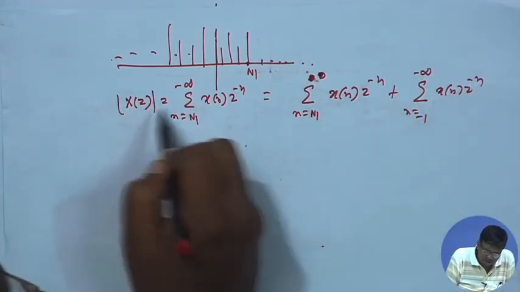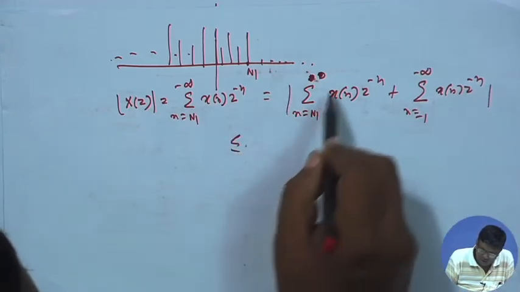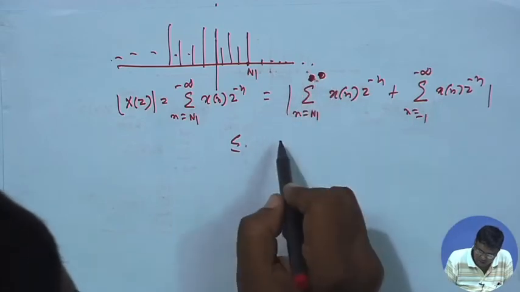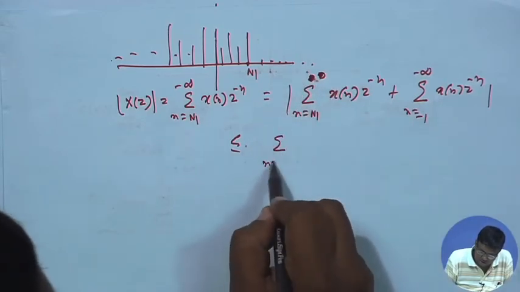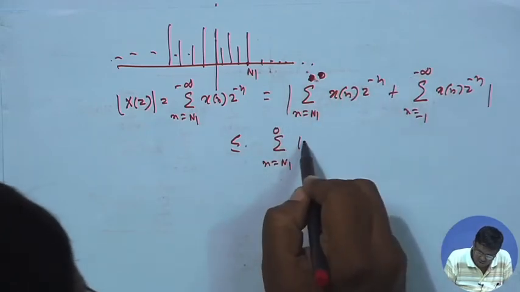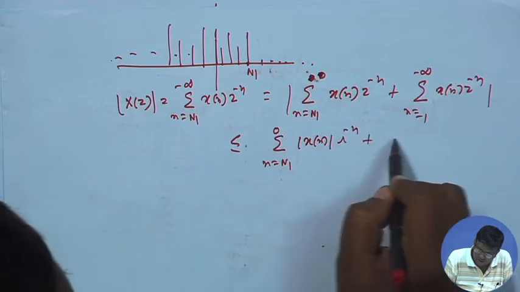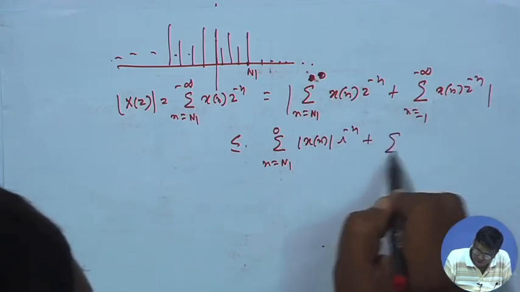So, therefore, mod of X z will be this, which is less than or equal to mod of this plus mod of this. Mod of a summation is less than or equal to the summation of mod of this and r to the power minus n, and again here the same way.